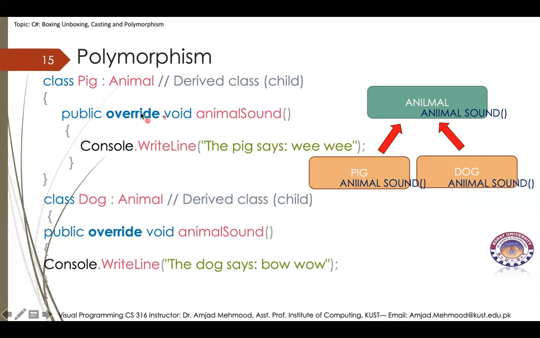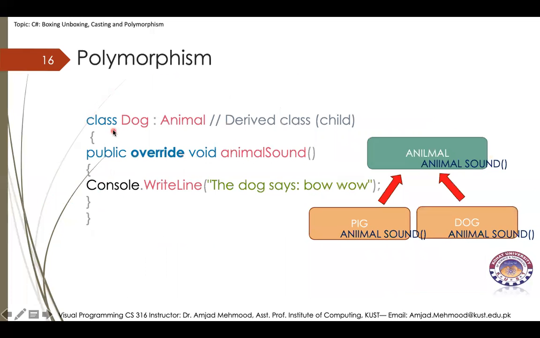So now the overriding is done. You can see here public override animal sound in Dog. Whenever you see override in a child class, this means that you have overridden your parent method, and that method would be with a modifier virtual or abstract.